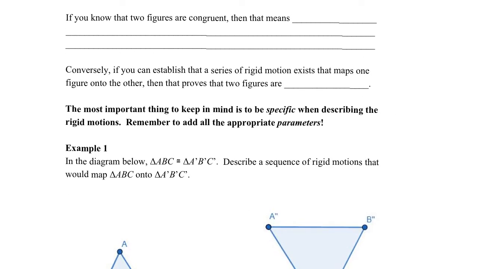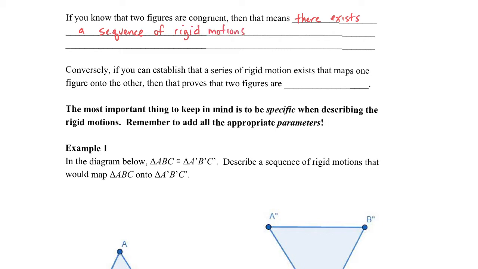If you know that two figures are congruent, then that means there exists a sequence of rigid motions, and it could be just one. Usually in these problems there's more than one, but it doesn't have to be.